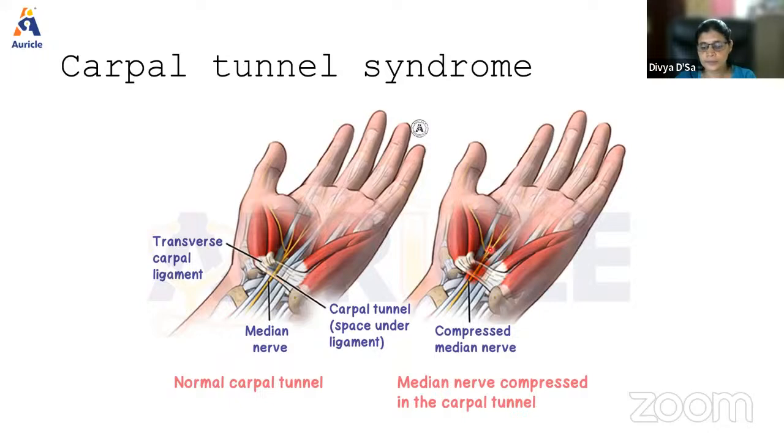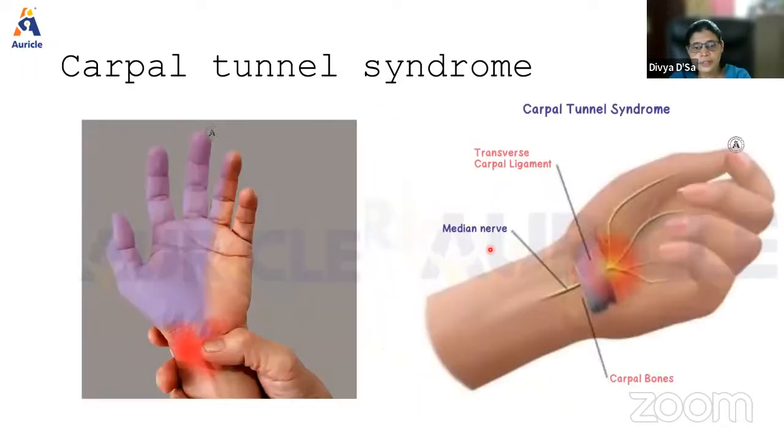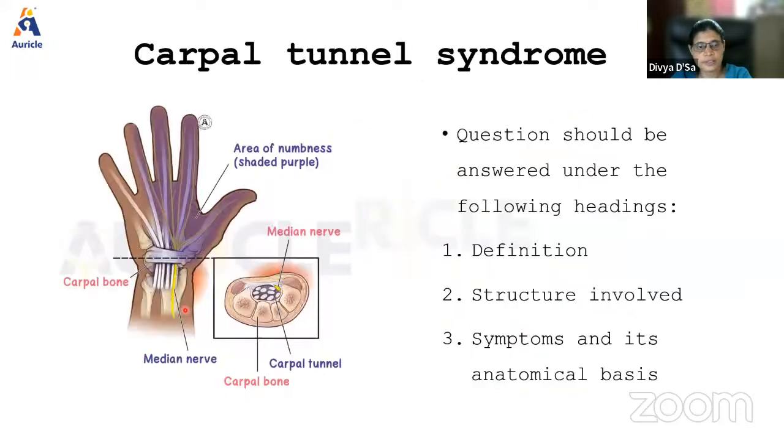So here there is pain, tingling sensations over the skin supplied by the median nerve. Basically it supplies the lateral 3.5 fingers. In the thumb you can see some tingling sensations and pain, as well as wasting of the thenar muscles, which we saw in the previous picture.